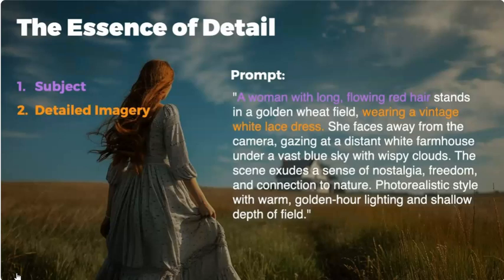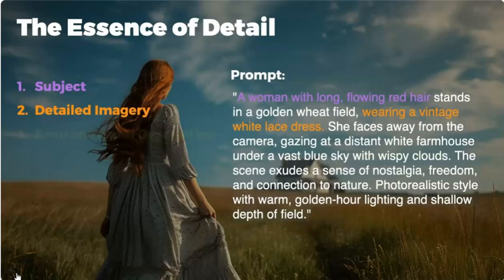Like, how do you really want this to be in the details? And you can see that here in this prompt, she's wearing a vintage white lace dress. Okay, so now I'm putting the vision in from my mind into the prompt so that I can make sure that I'm getting what I'm actually visioning in my head that I want.